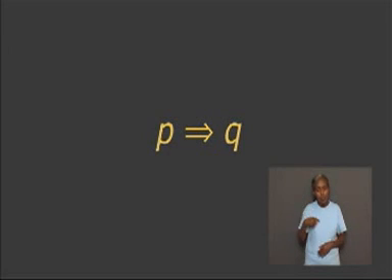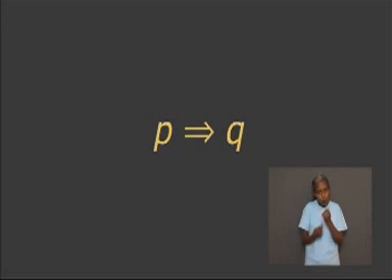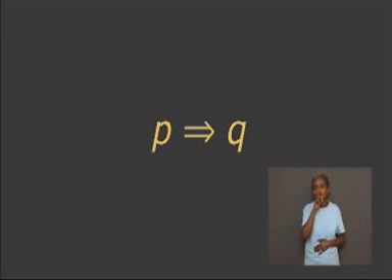So we notice that when the statement is proved, the only thing to be shown is that Q is true if P is true. It is not usually the case that Q is proved to be true in isolation.